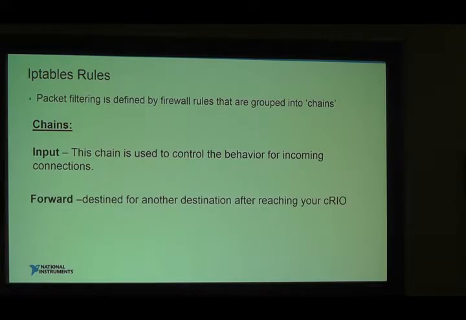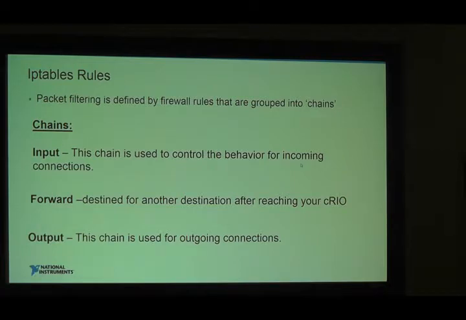Those connections are governed by the input chain rules. There's the forward chain, which is typically used for traffic that is not destined for your embedded target. Unless you're designing some sort of router or anything of that sort, you typically don't add rules to that chain. And then there's the output chain, which is used to govern the outgoing connections that your target makes with the outside world.